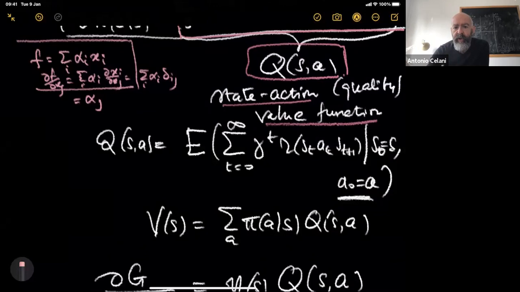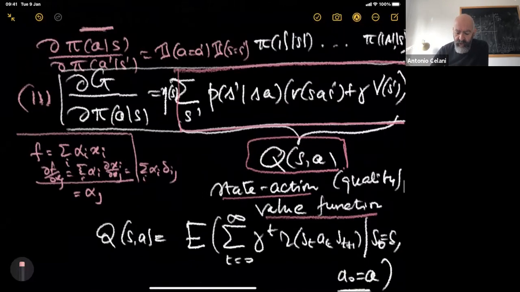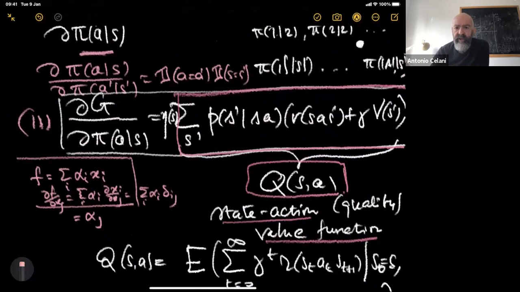You can go from Q to V, and you can go from V to Q using this definition. They are equivalent, only that V focuses on the state only, and Q focuses on states and actions. But the content is the same.